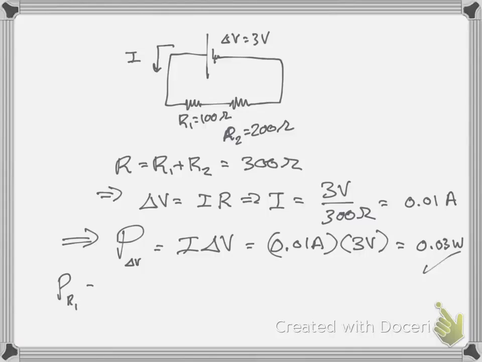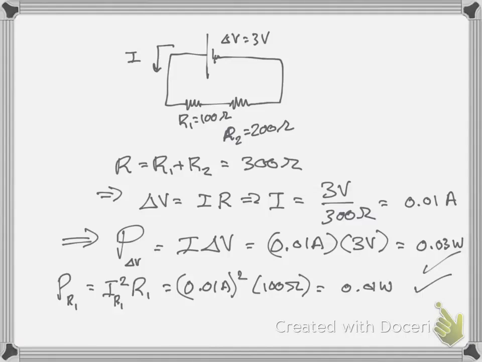And then the power supplied to R1 is I squared R1, the current through R1 squared times R1, which is 0.01 amps squared times 100 ohms, which is equal to 0.01 watts. Check. And the power supplied to resistor 2 is the current through resistor 2 squared times resistor 2, which is 0.02 watts. Check. So that's only a slightly longer way, but that's calculating the current in order to get to the powers.